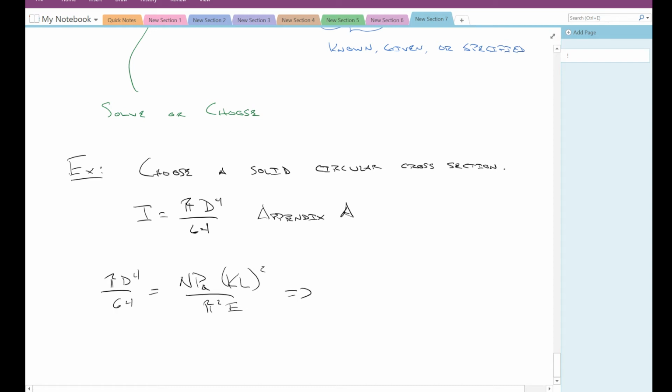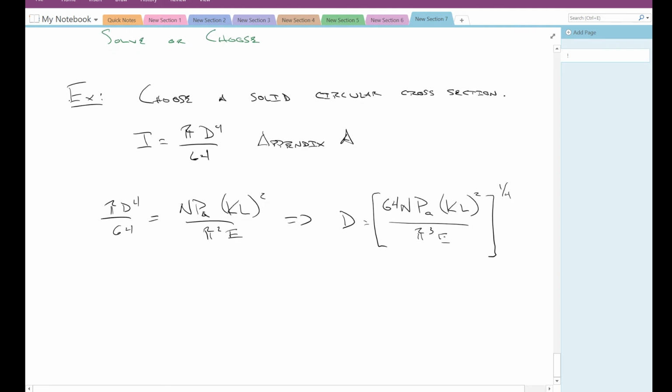We can solve and say that our suitable diameter is 64 times n times our allowable load times our n fixity constant times our column length quantity squared over pi cubed times our modulus of elasticity. I forgot the equal sign there. This quantity to the 1/4, right? So this is just an example of choosing a solid circular cross-section.